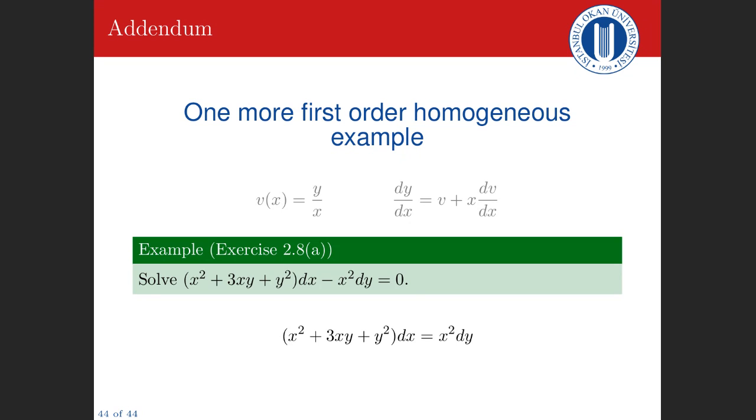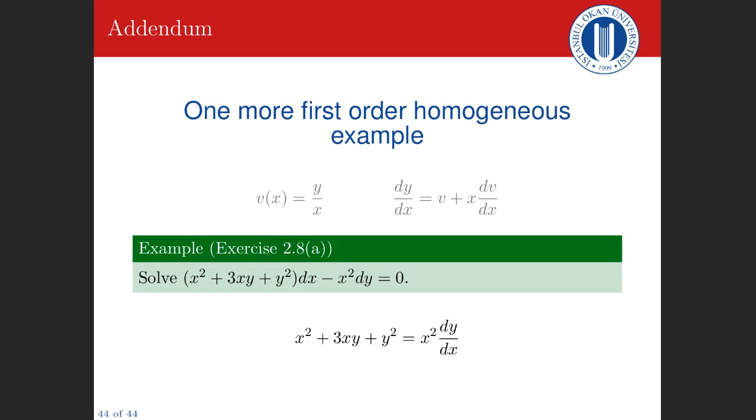First of all, rearrange to x squared plus 3xy plus y squared dx is equal to x squared dy. Divide both sides by dx, and then I'm going to divide both sides by x squared.